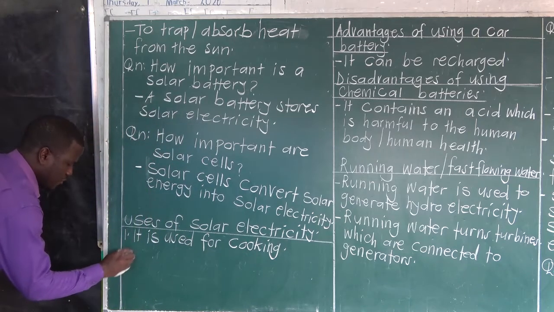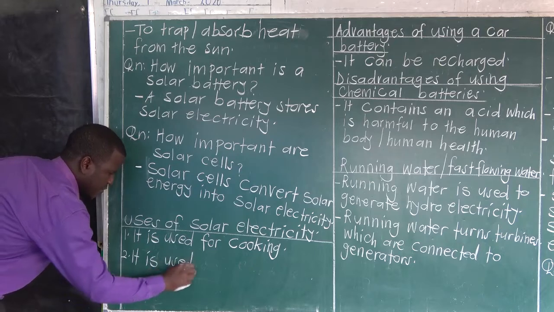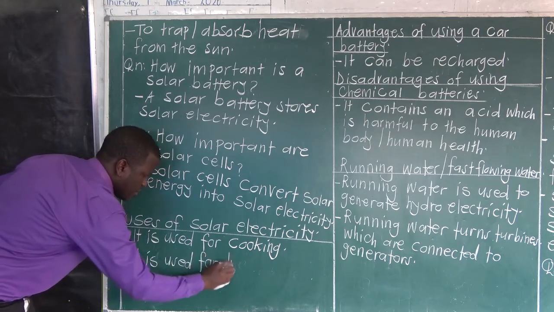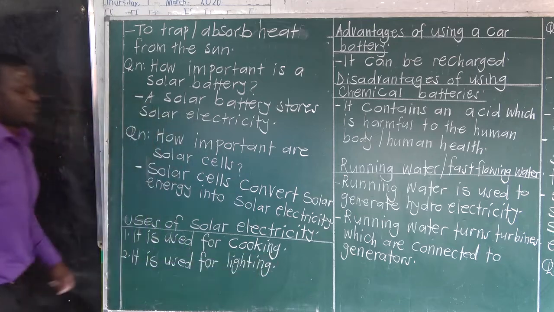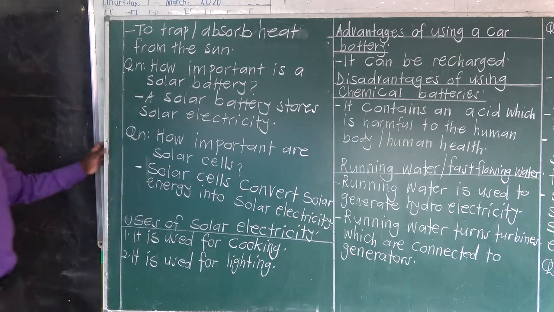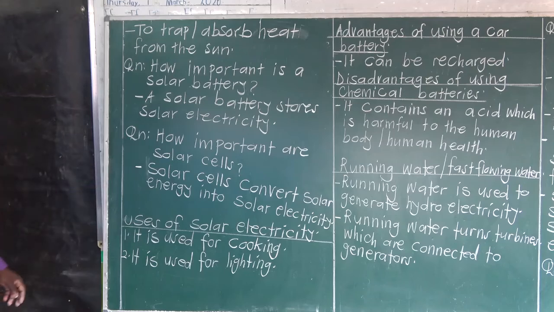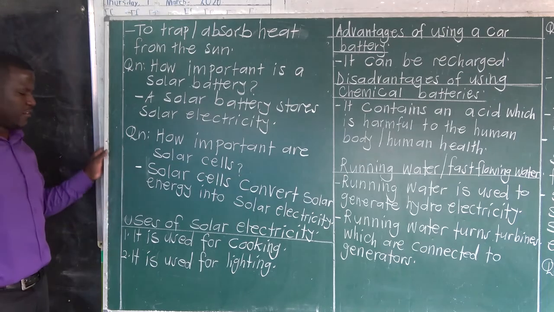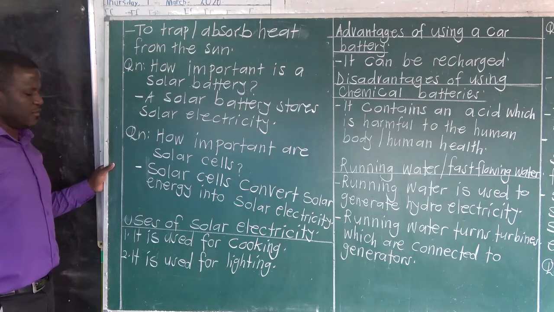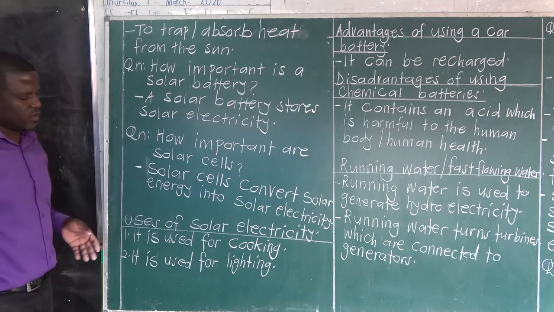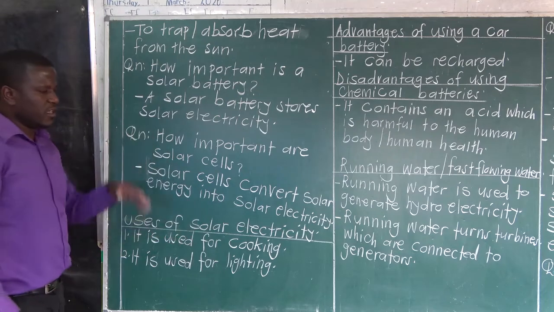Then number two, it is used for lighting. And the solar electricity is commonly used in villages where we don't have hydroelectricity. So most of the villages have solar panels, and the reason why they have solar panels is to be able to get solar electricity, so they can use it either for cooking or for lighting.